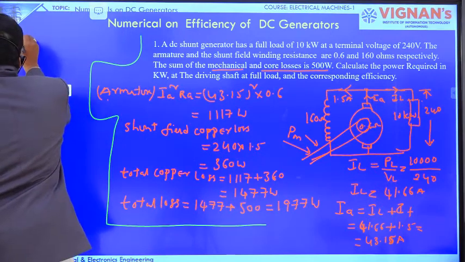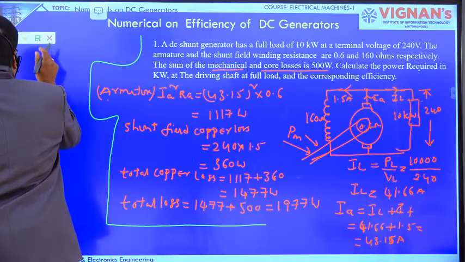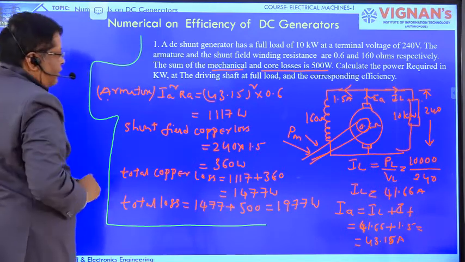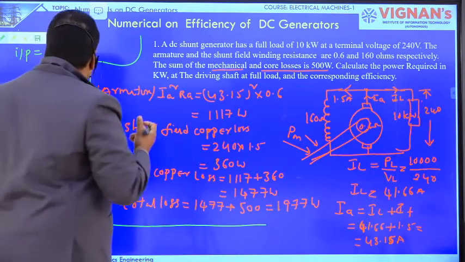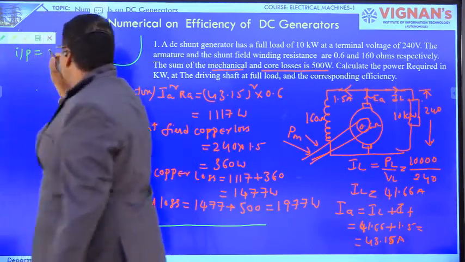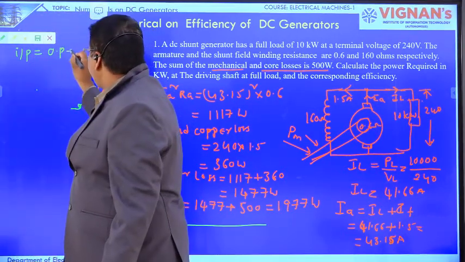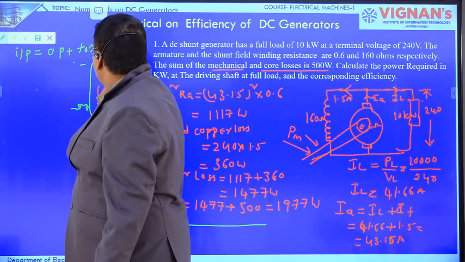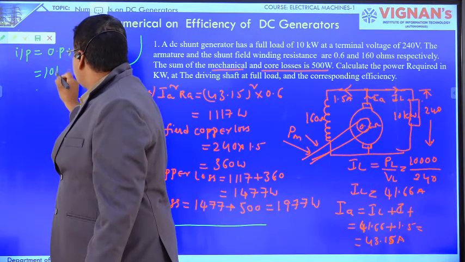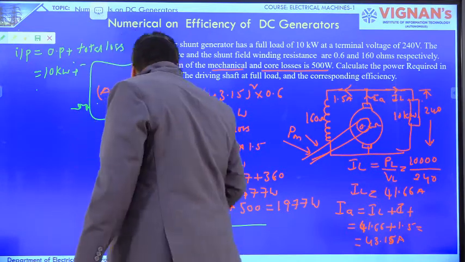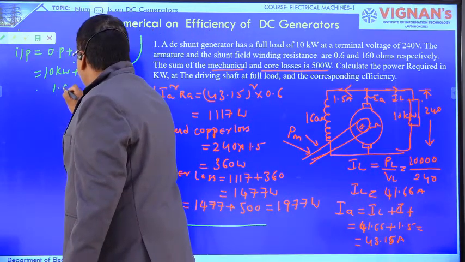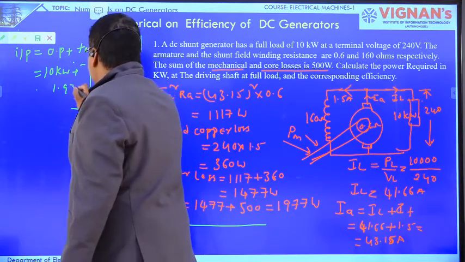So the input of the generator, which is the shaft power, equals the total losses plus the output power, 1.977 kilowatt plus 10 kilowatt.